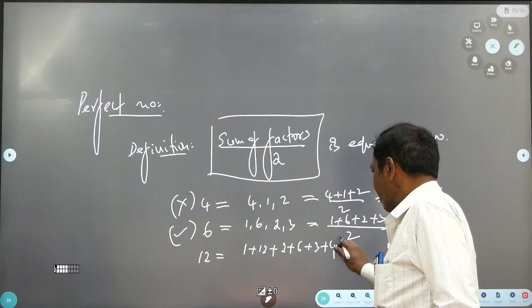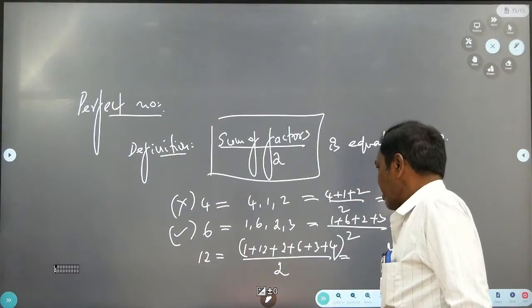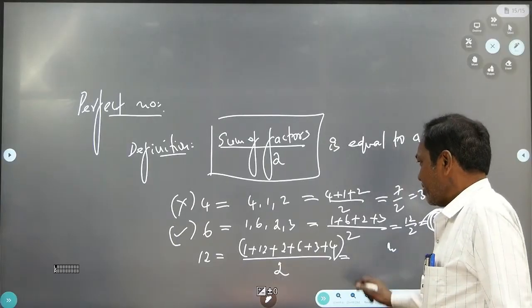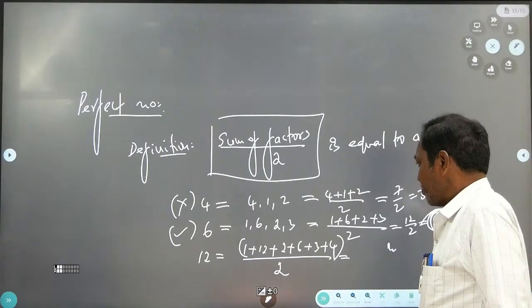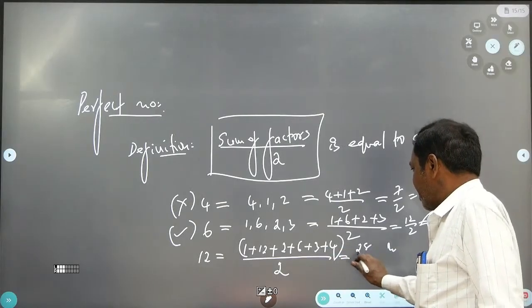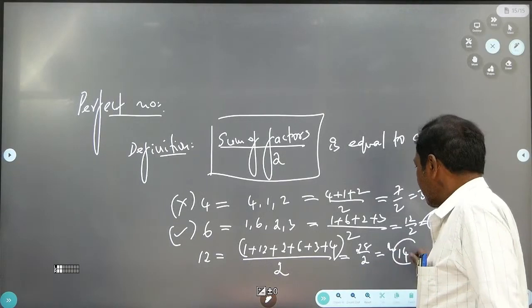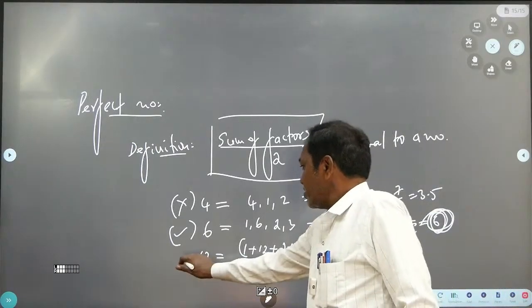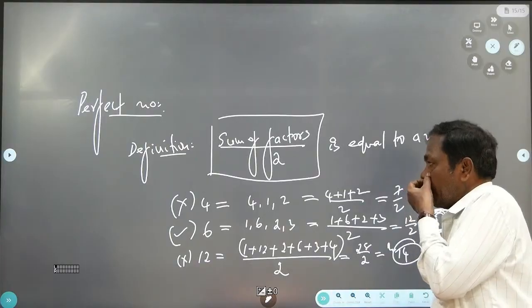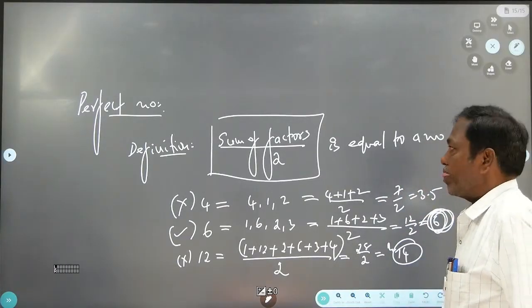I think that's enough. Sum is 13, 15, 21, 24, 28. 28 divided by 2 is 14. So it's not possible. Like that you have to take the sum of the factors.